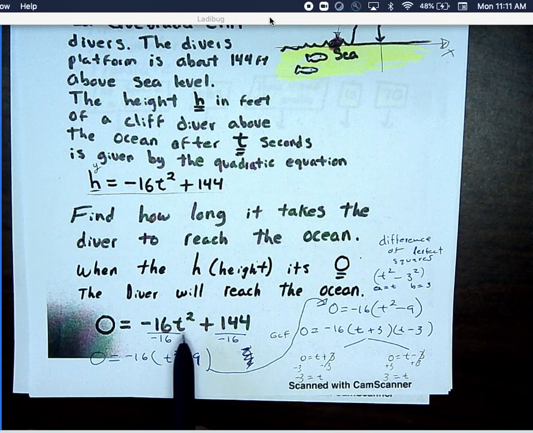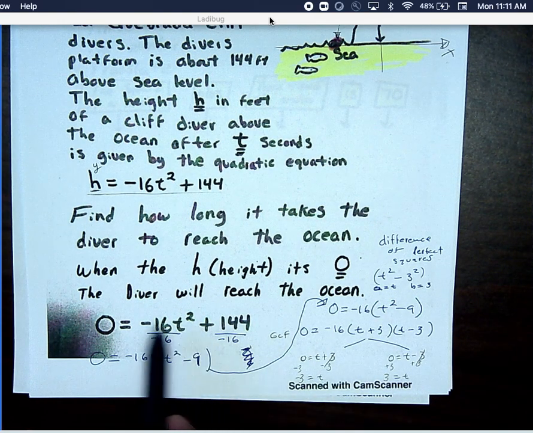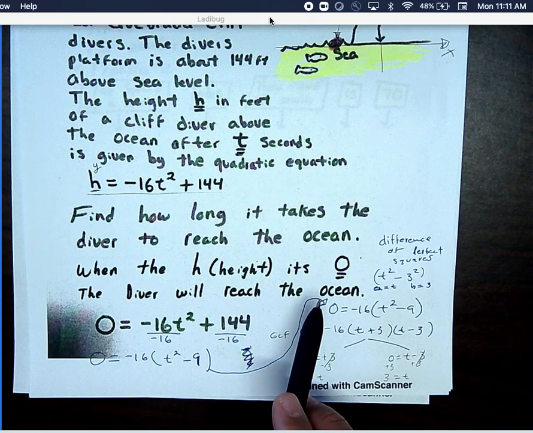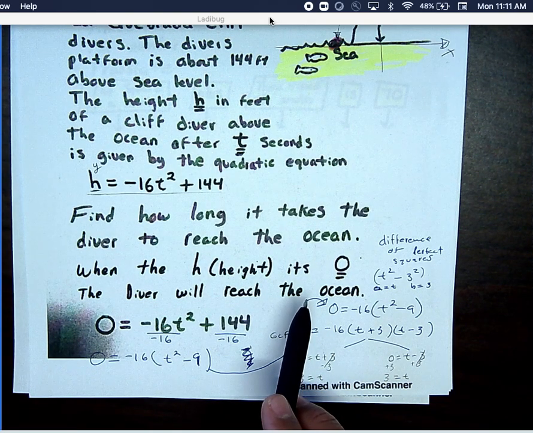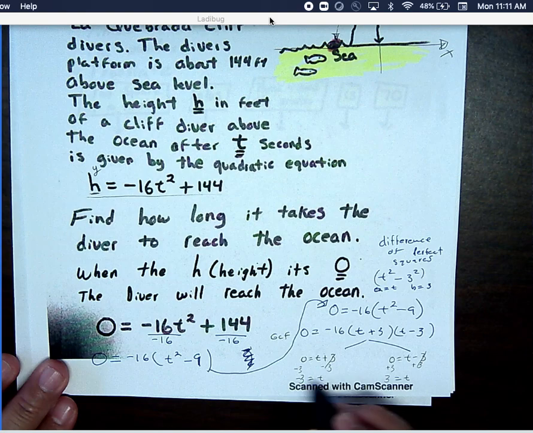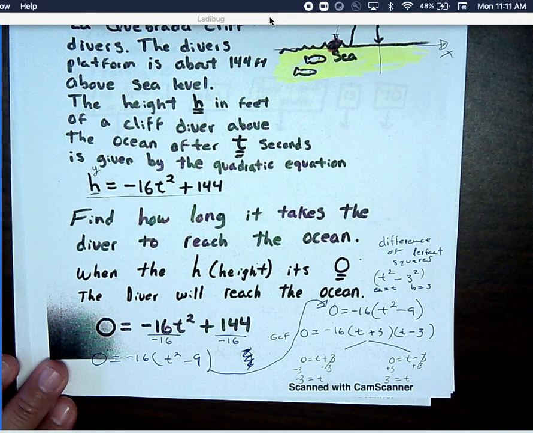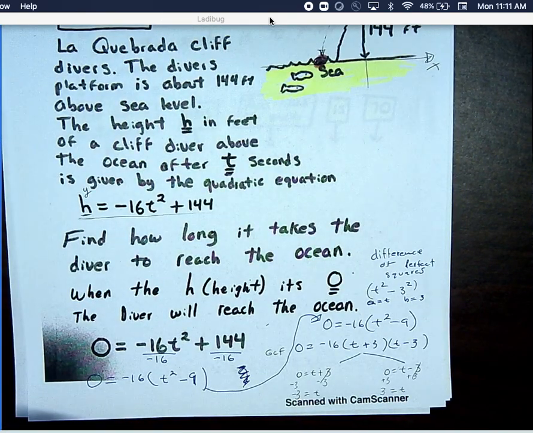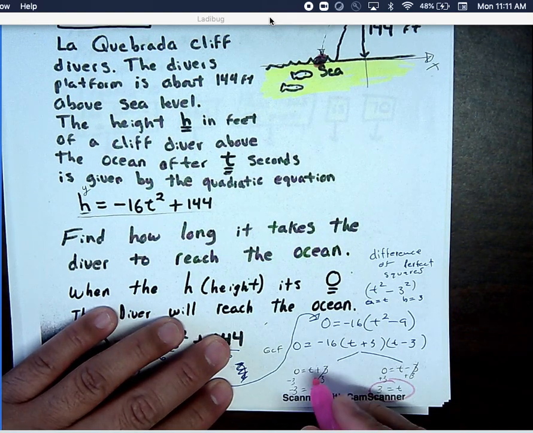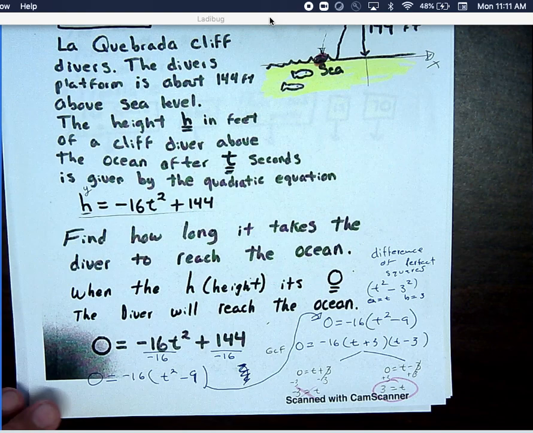Now they want to know how long it takes to reach the ocean when the height is 0. So let's see. Now we have those. Since the time t cannot be negative, the proposed solution is 3 seconds. So this is time, so this would be the right solution, because time cannot be negative.